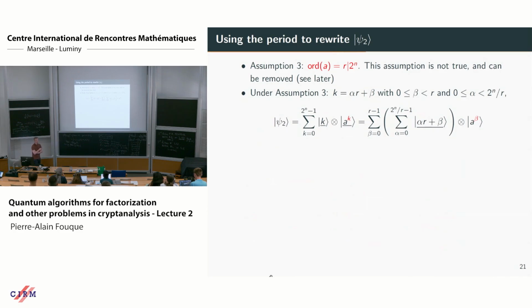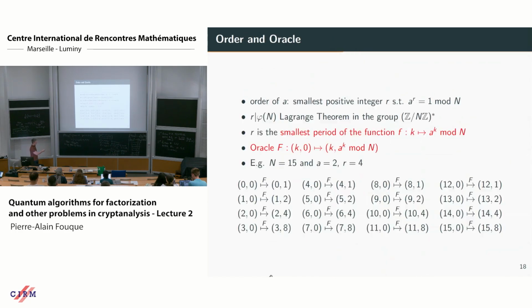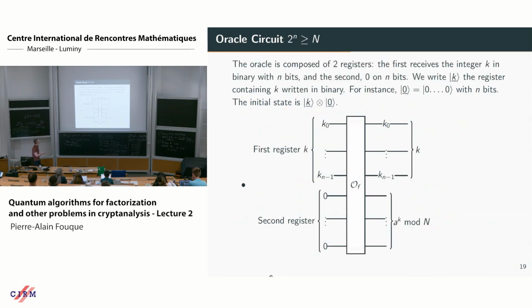Remember, this morning we had a 2 to 1 function, and here the function is a 2 to the n divided by r to 1 function. So we have more inputs that map to the same output, which is exactly what is written there. Here, for output 1, I have 4 different inputs, and for output 2, I also have 4 different inputs.